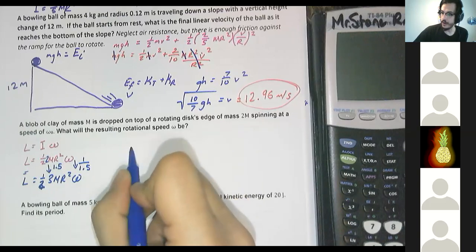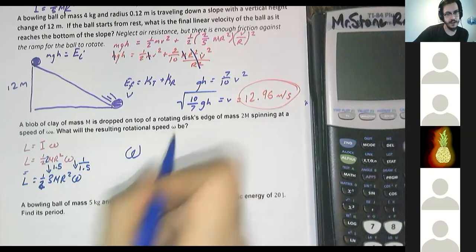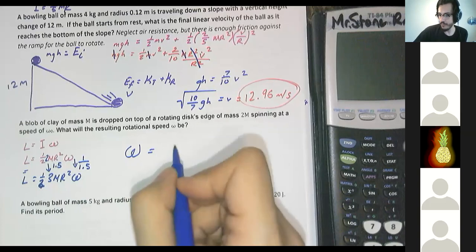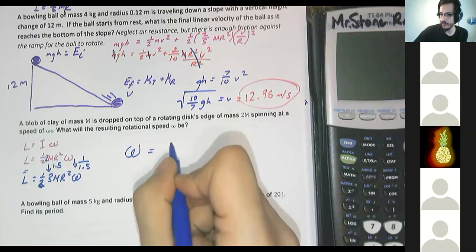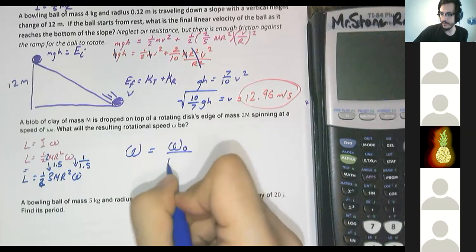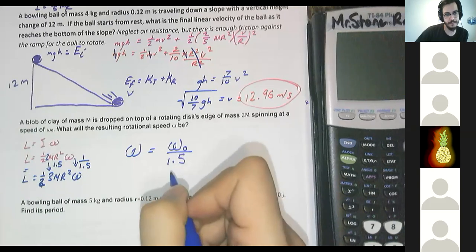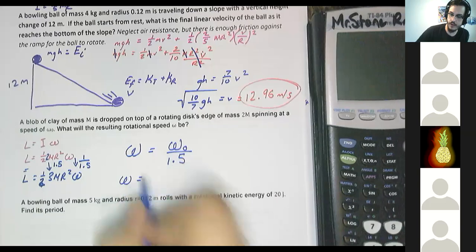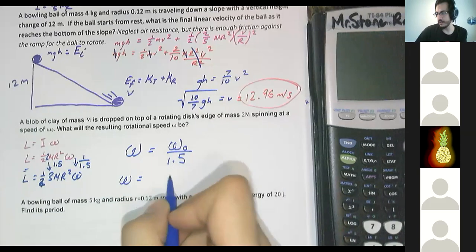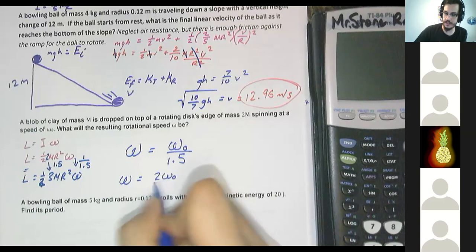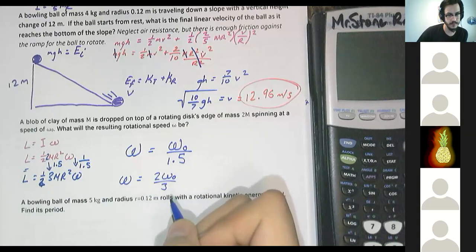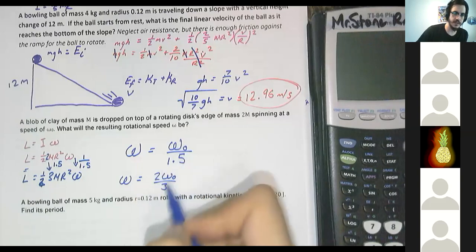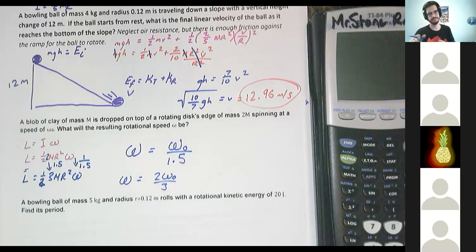So our final velocity omega is omega naught divided by 1.5. Or if you did it with fractions like Riley did, that'd be 2 omega naught over 3, right? Yeah, that's what I got. So either one of those would be correct.